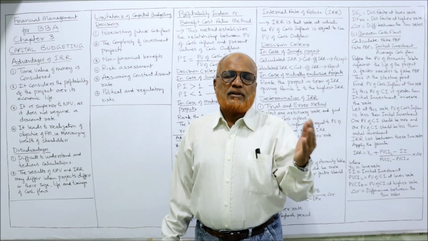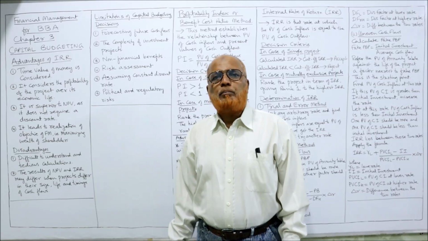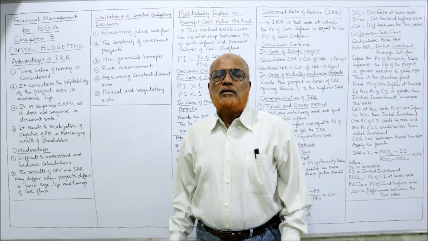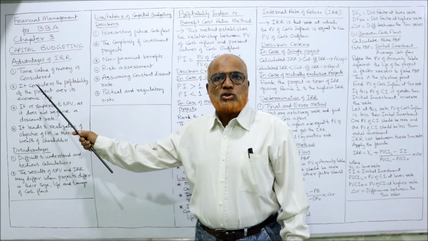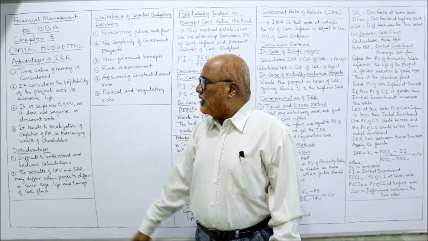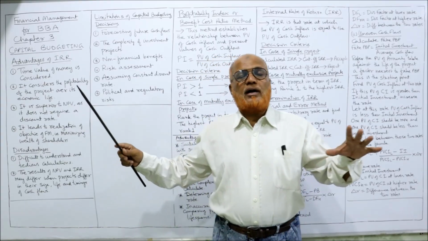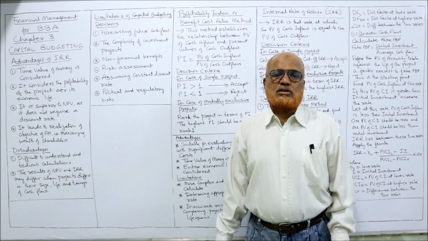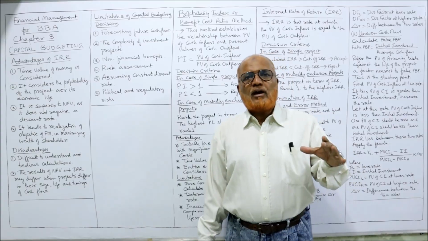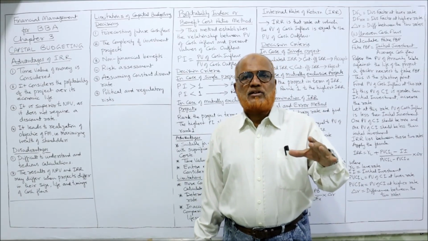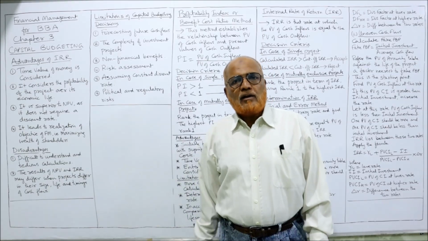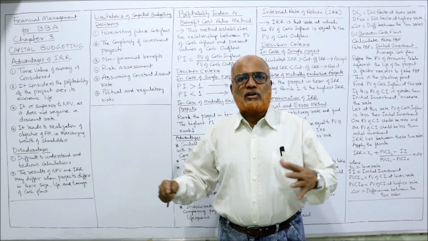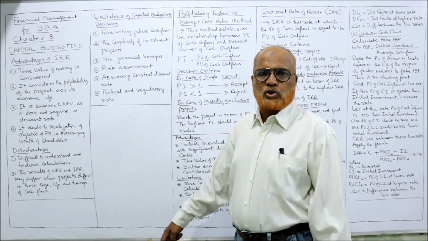Whereas in the earlier method, undiscounted method like PBP and ARR, time value of money is not considered. So here it is an advantage. Secondly, it considers the profitability of the project for the entire economic life of the project. In PBP, we are not considering the benefit, the profitability of the entire life. But in IRR, we consider the profitability for the entire economic life of the project.